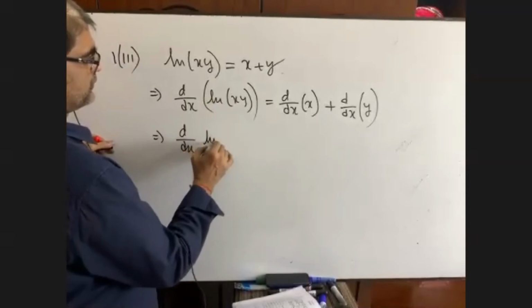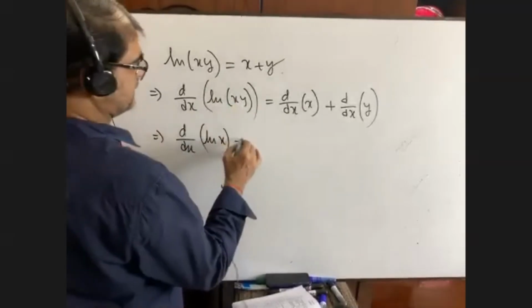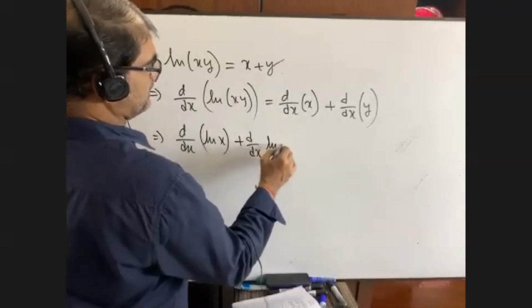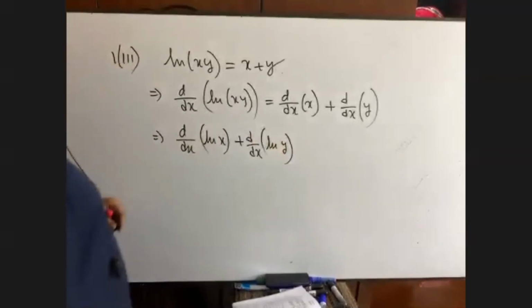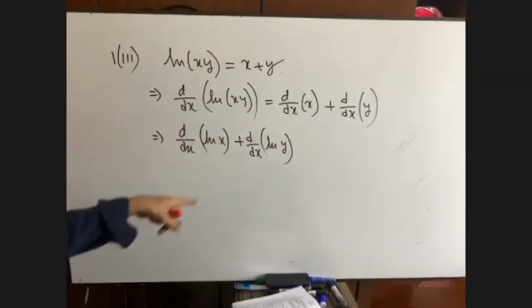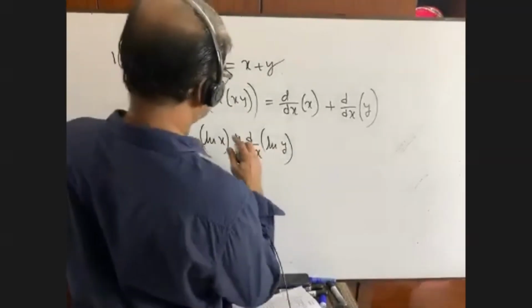So it is ln x. It is multiplication. d by dx, it is ln y. I can also do that, but the way I showed you was also right.